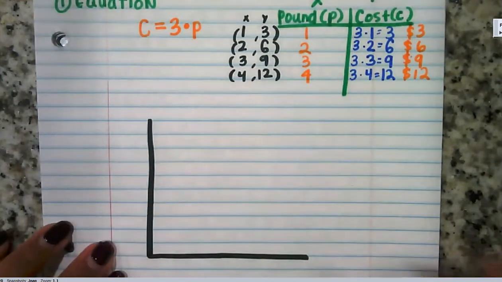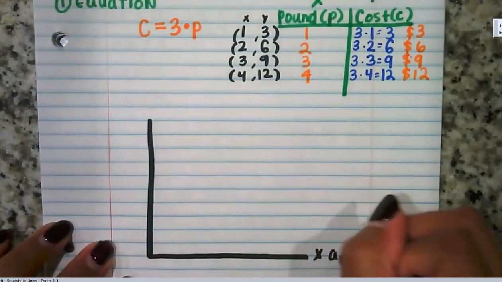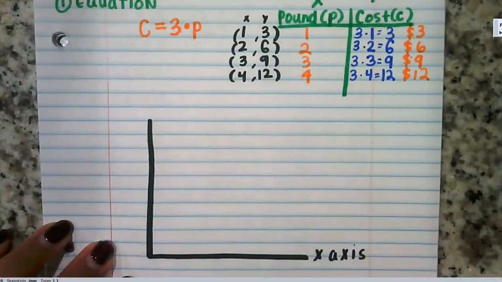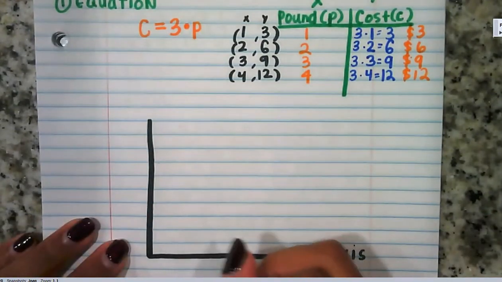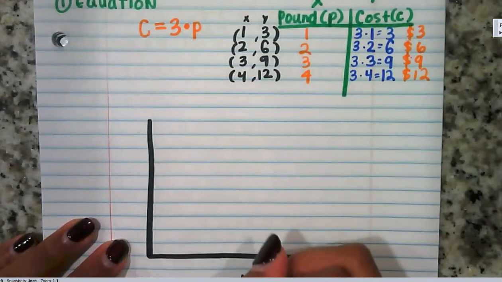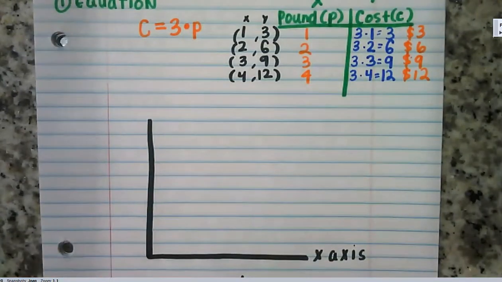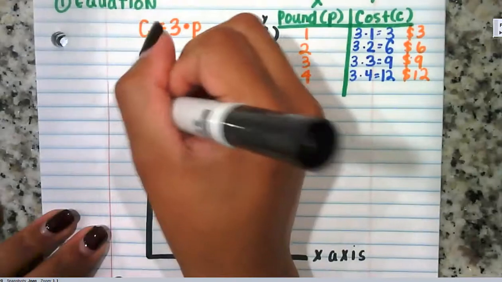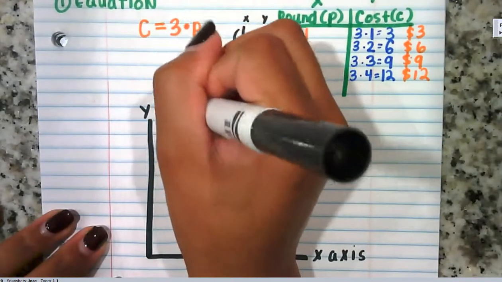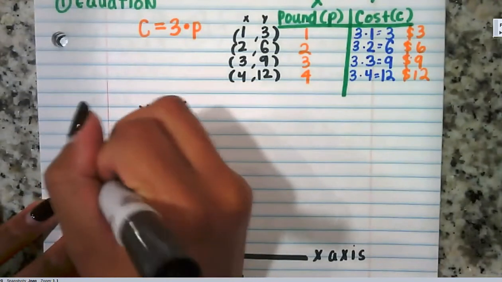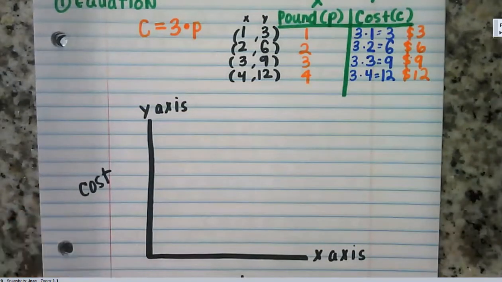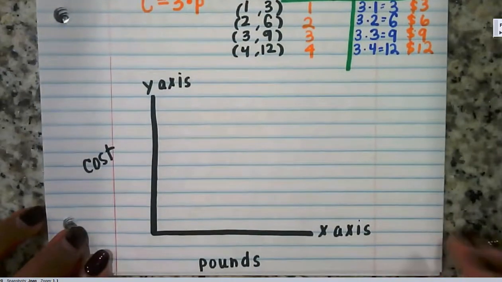As we know, this is our x-axis. This is going to be where we put the pounds of jelly beans that we're buying. And this is our y-axis. And this is where we're going to graph the cost.